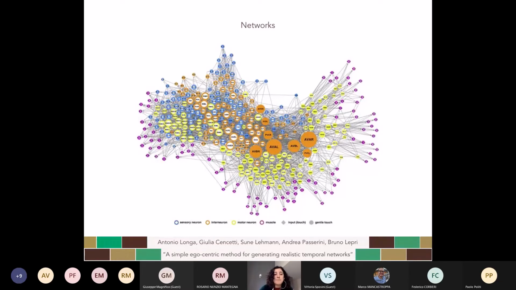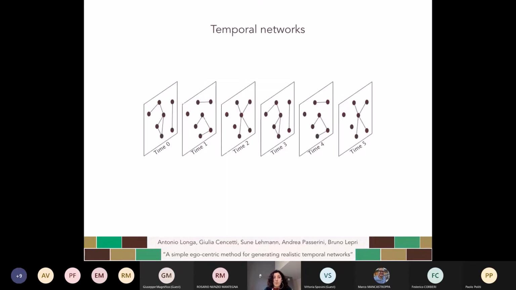Moreover, in many cases, networks can change in time. If, for instance, links represent social interactions, we also have that these links change quite fast in time. Okay, so when a topology of a network changes in time, we talk about a temporal network.